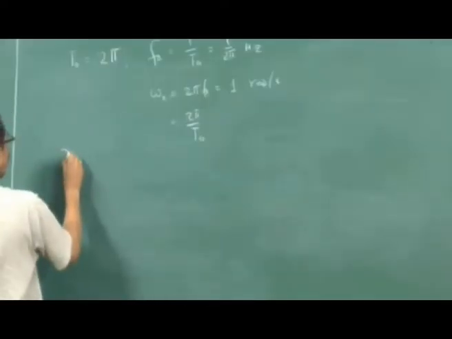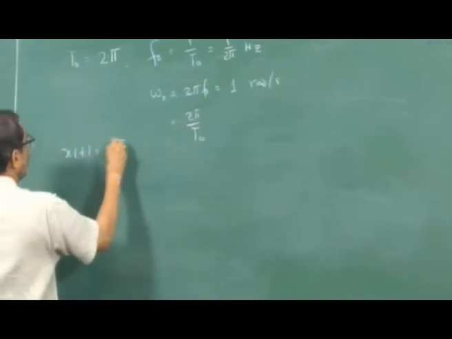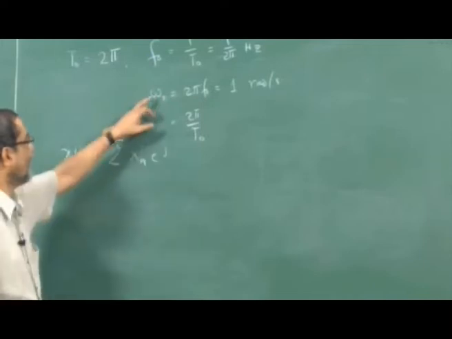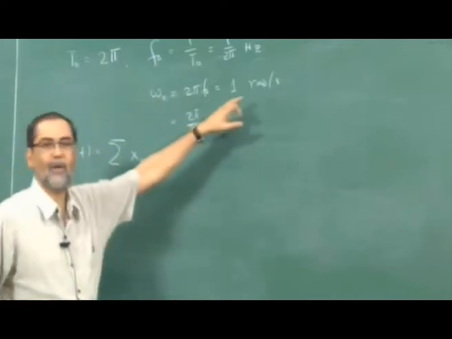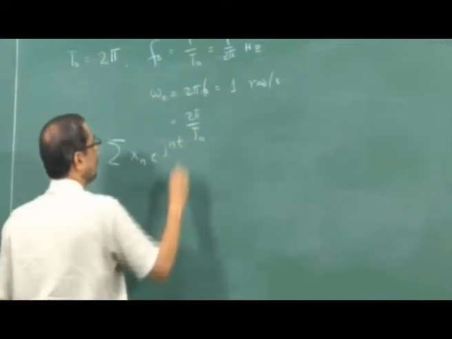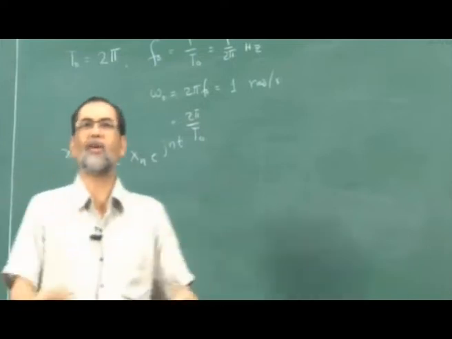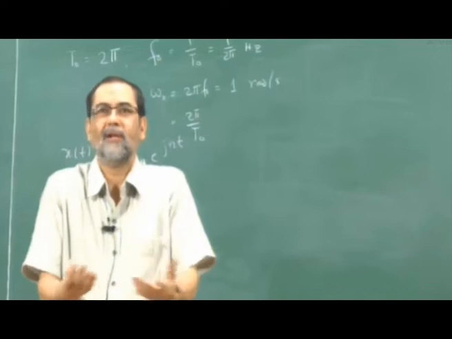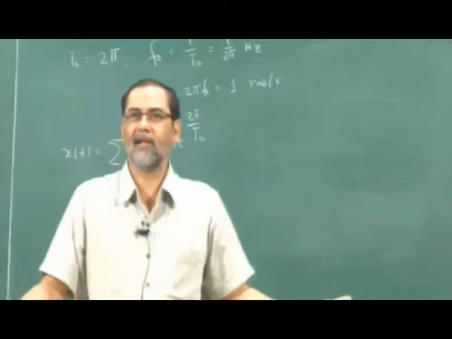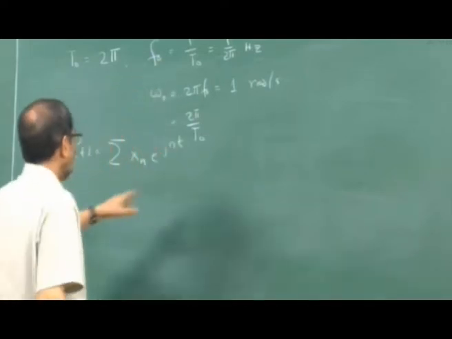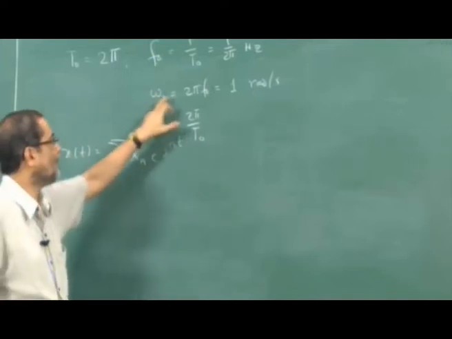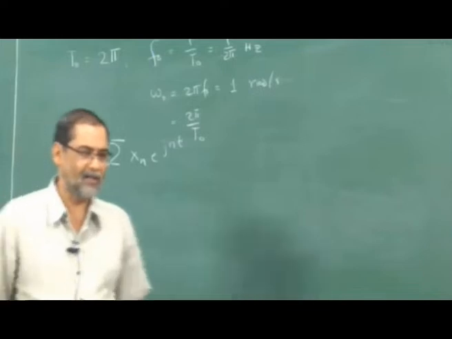So x of t is given by the sum of xn e raised to j n omega naught t. Omega naught is 1, so it is simply j n t. So omega naught is already captured, and I don't need to say it separately. Normally I have written it as e to the power j n omega naught t, but omega naught is 1 here, so it is j n t.